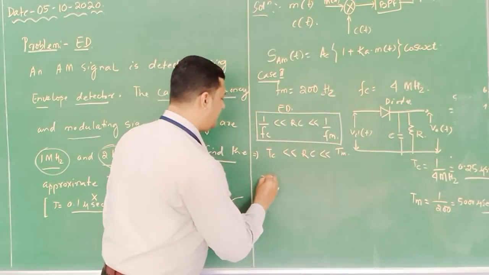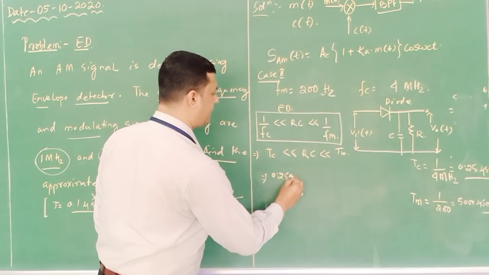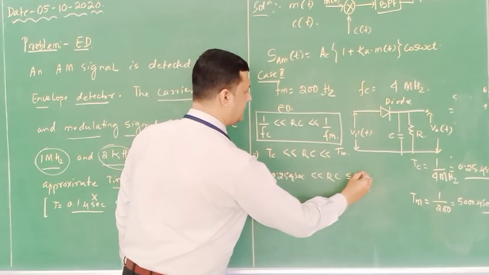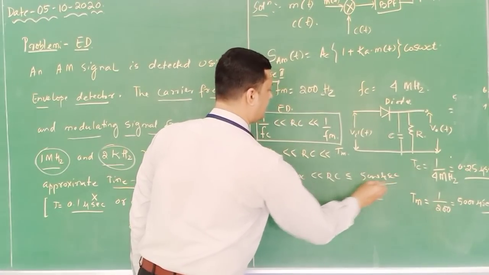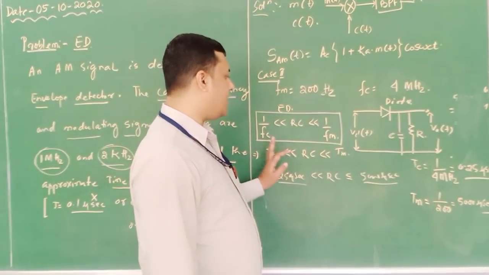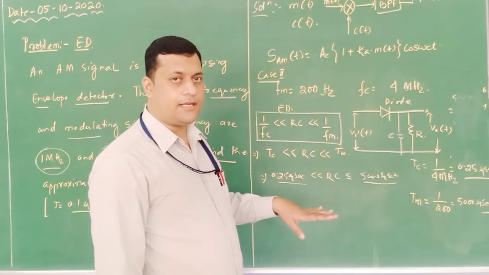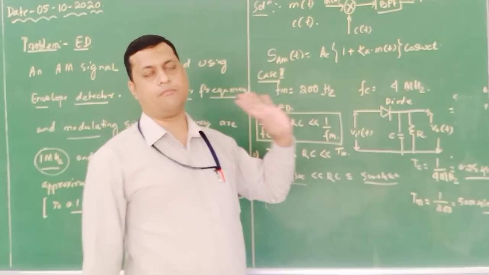So here I will substitute Tc: 0.25 microsecond less than RC less than 5000 microsecond. Generally I am considering 5000 microseconds. So now my detector will operate for a time constant that varies from 0.2 microsecond to 5000 microsecond.